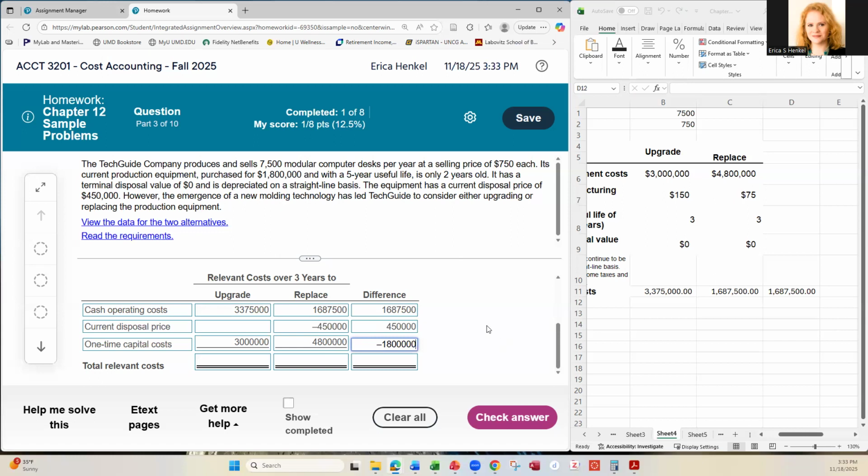Oh, so I think by disposal price, they're meaning sale price, like what we can get for it if we sell it. Yeah, because otherwise having this as a positive, a negative cost doesn't make sense. Okay, so in terms of that, here, I'll just do the total here.